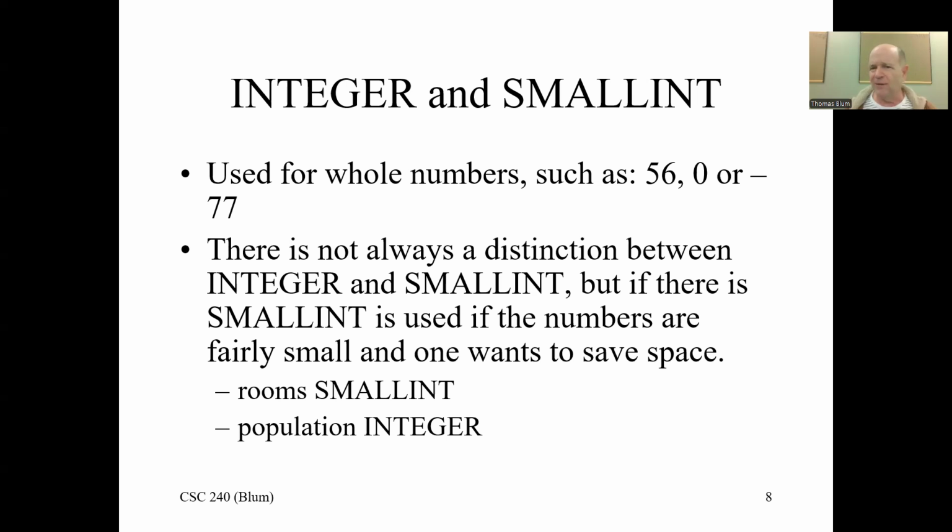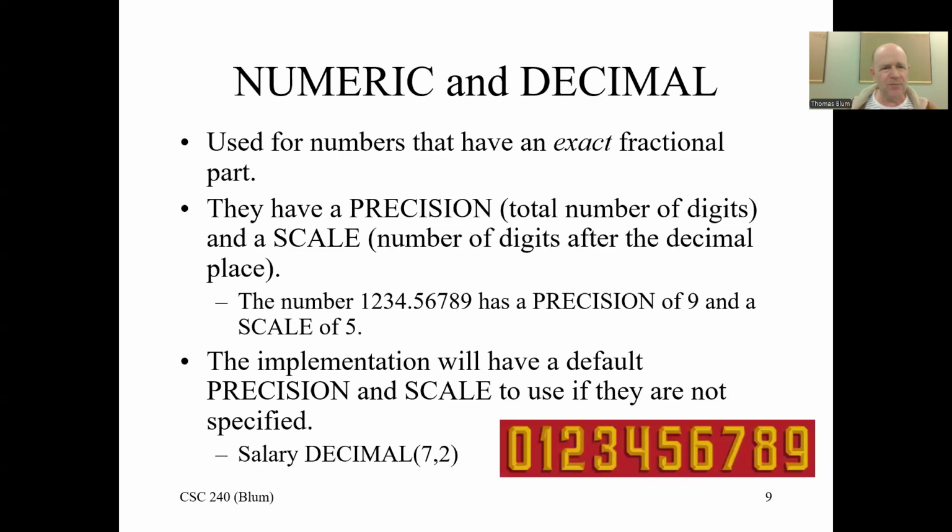But if you're doing room numbers or something like that, then you might just treat a room number like a string, like text, because you're not going to really work with those room numbers as numbers. But if you were to treat them as numbers, or if you had other numbers that are going to be small, then you might use a small int if it's available in the implementation of SQL that you're working with.